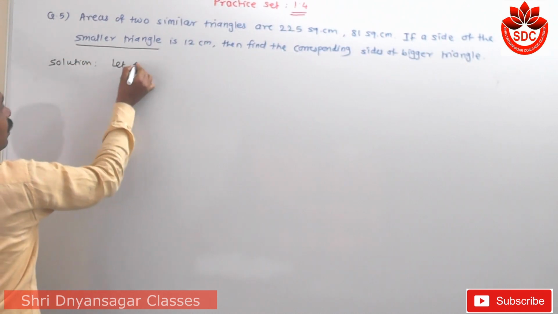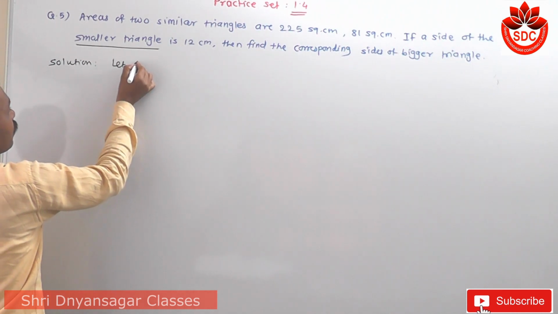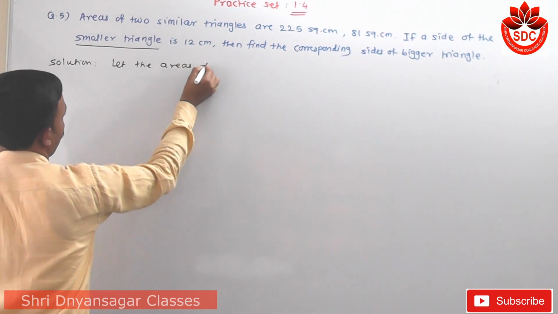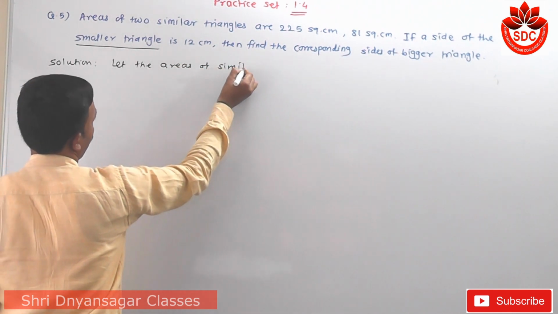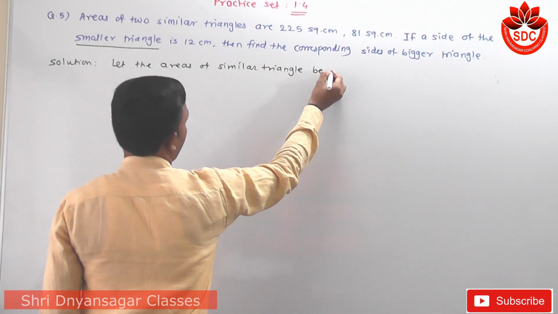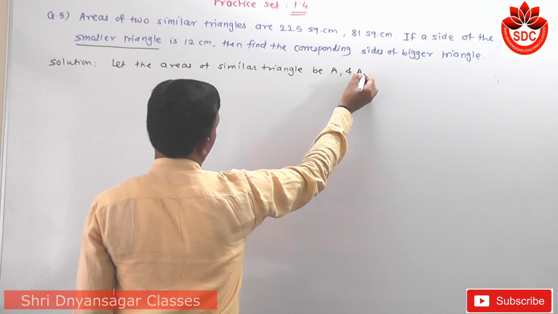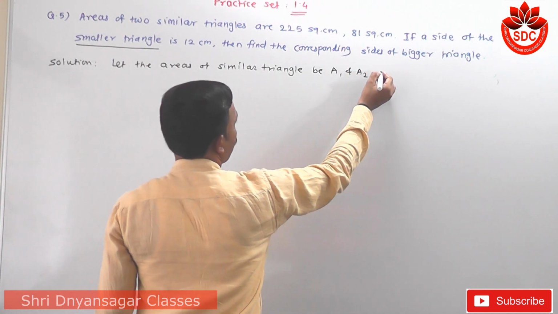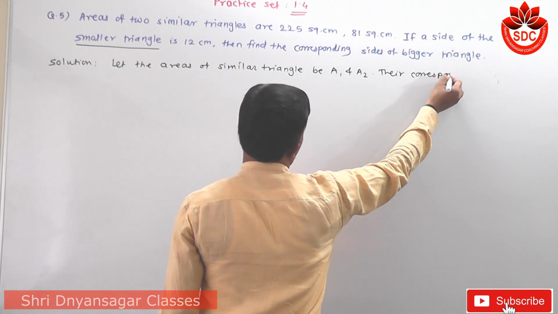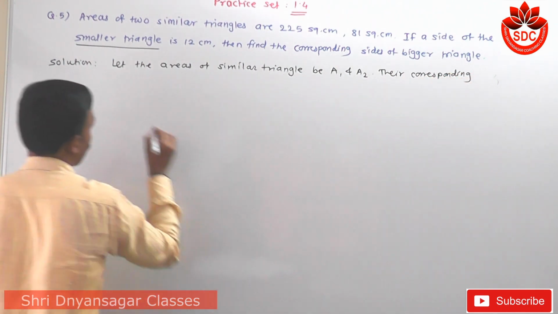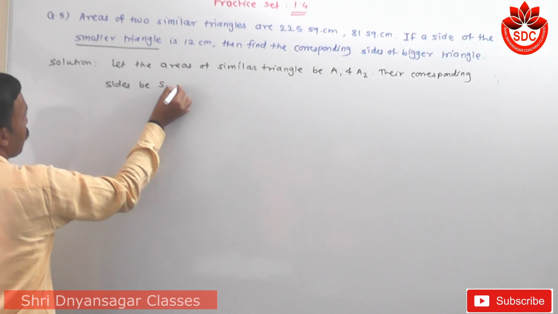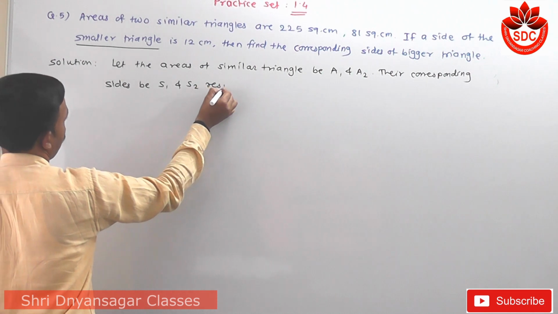Let the areas of the similar triangles be A1 and A2 and their corresponding sides be S1 and S2 respectively.